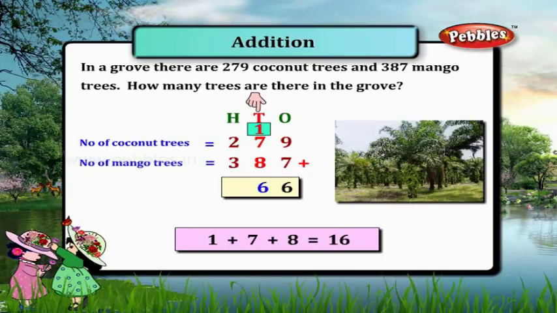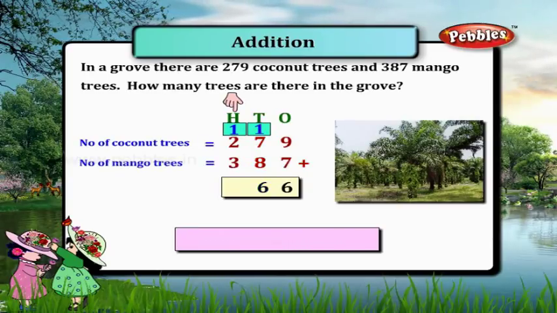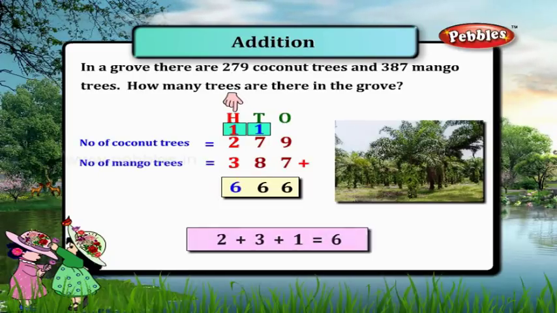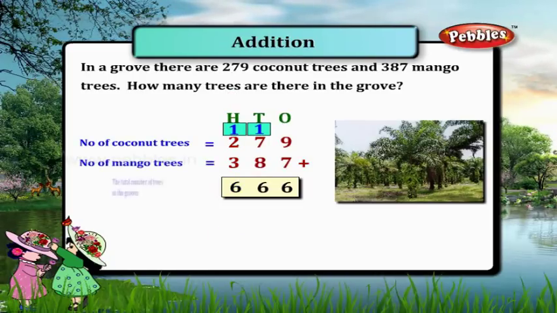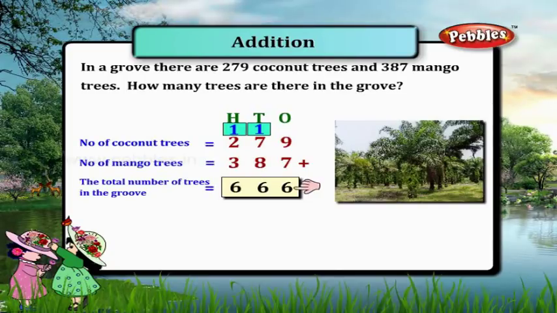Write 6 in the tens column and carry over 1 to the hundreds column. Now add the hundreds. 2 plus 3 plus 1 is equal to 6. Therefore, the total number of trees in the grove is equal to 666.